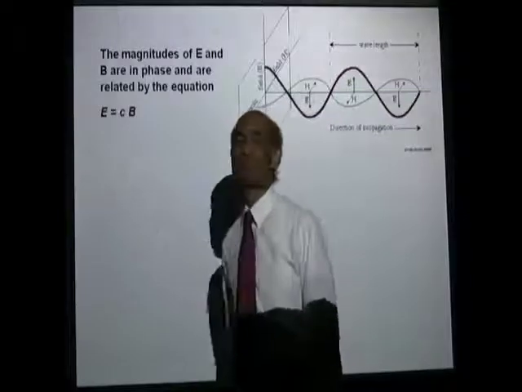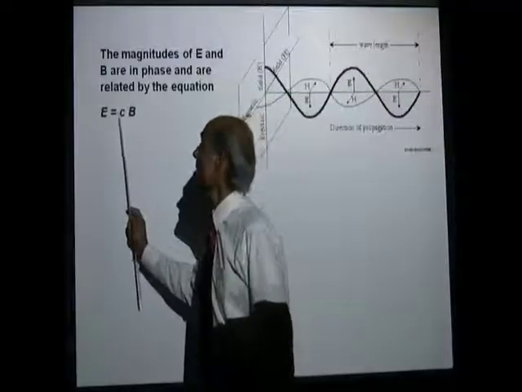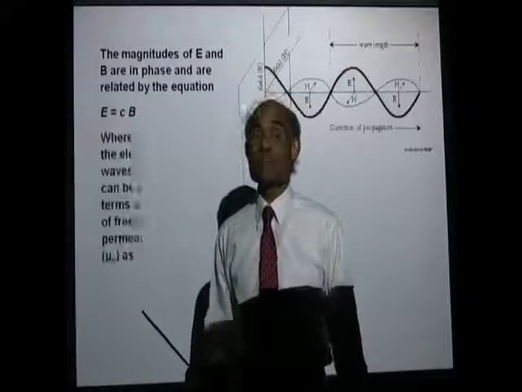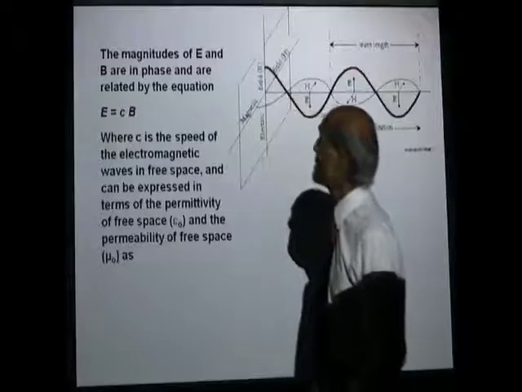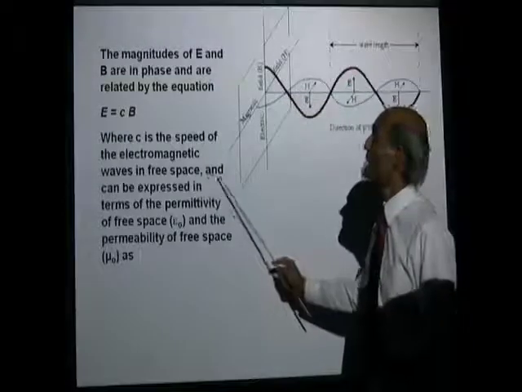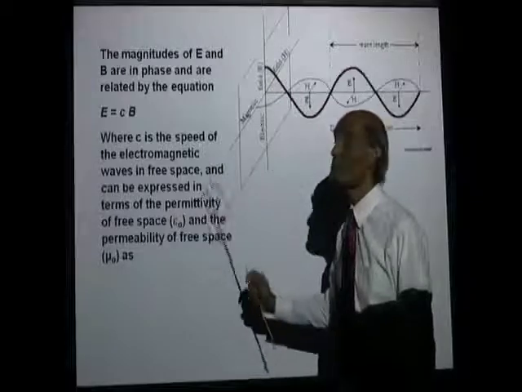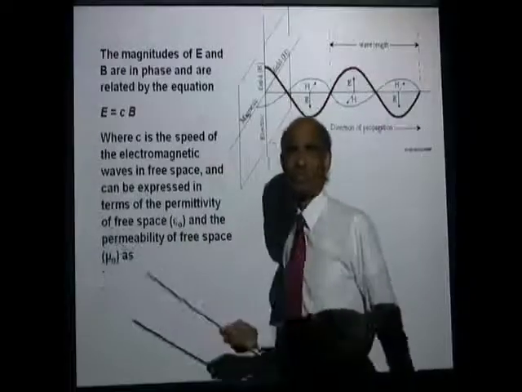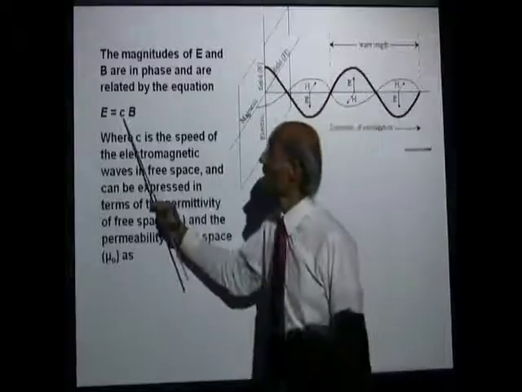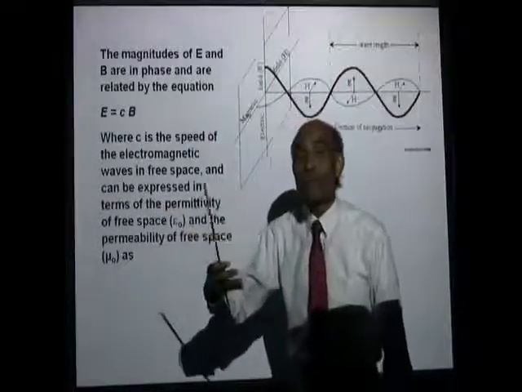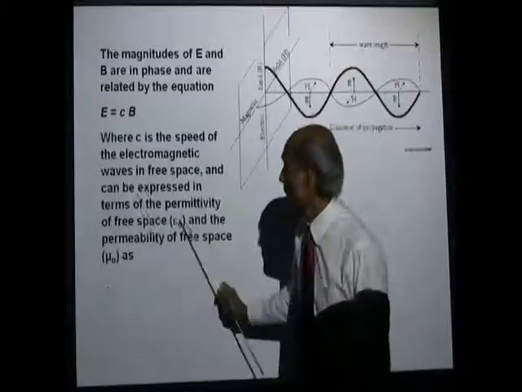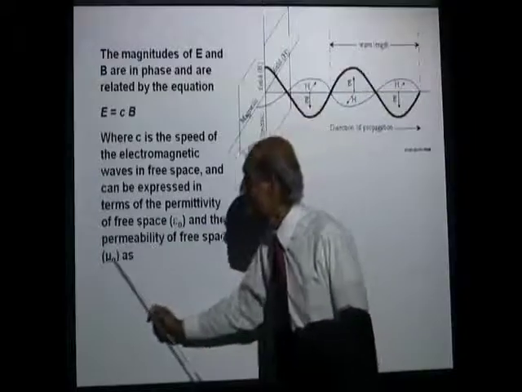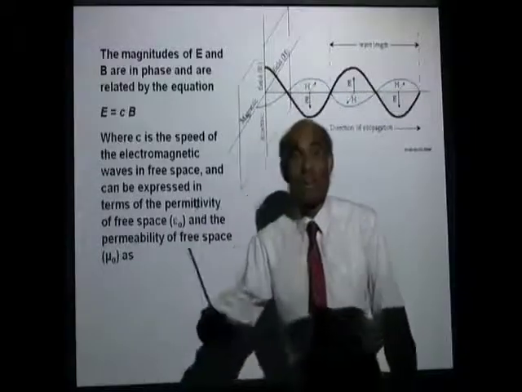Electric field equal to c times B, where c is the speed of electromagnetic waves in free space and can be expressed in terms of... Now I want you to pay attention to this and appreciate this very important and interesting concept. c is the speed of electromagnetic waves in free space. Epsilon naught is the permittivity of free space, and mu zero is the permeability of free space.